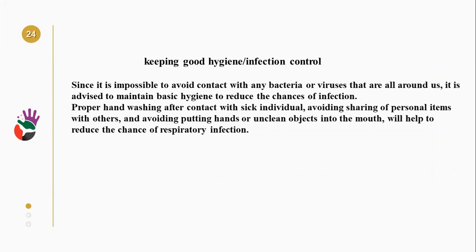This hygiene includes proper hand washing after contact with sick individuals, after food also, after using the washroom, and avoiding sharing of personal items with others, and avoiding putting hands or unclean objects into the mouth. All of these procedures will help to reduce the chance of respiratory infections.